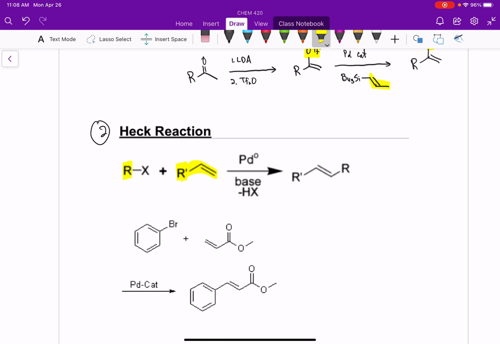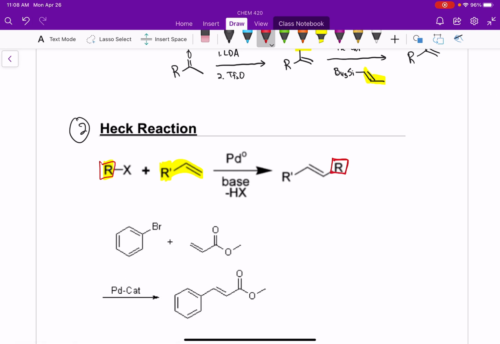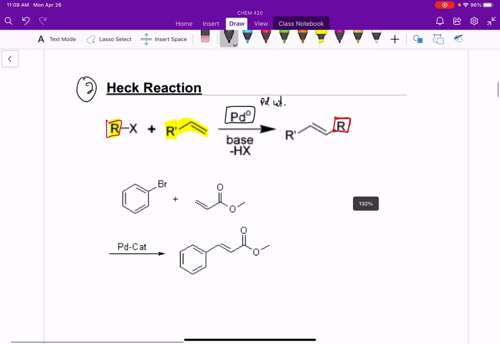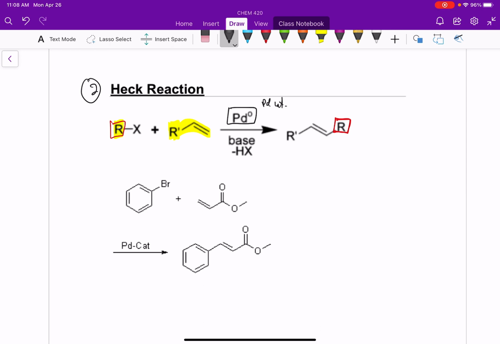Essentially our R group is coupled to the end of the alkene. And again, that's done using a palladium catalyst. And we can just write palladium catalyst because there's a lot of them. So an example here is we take our aromatic ring with our bromine. We have our alkene at the end, and then those two carbons are coupled via palladium. That's called the Heck reaction.